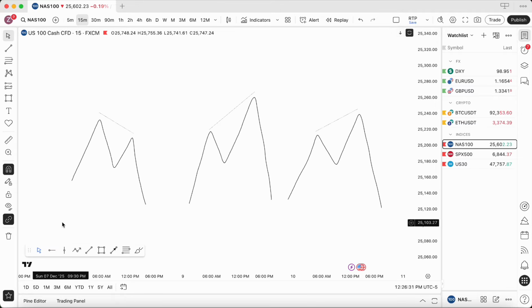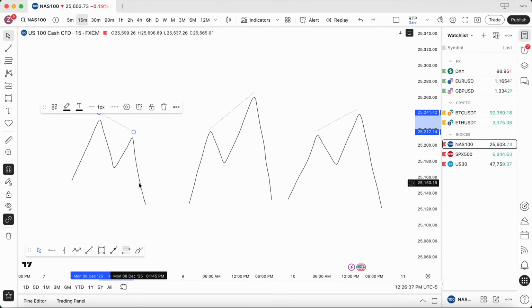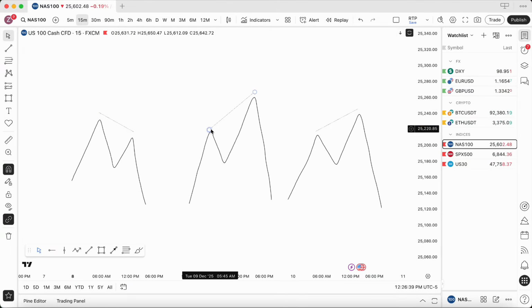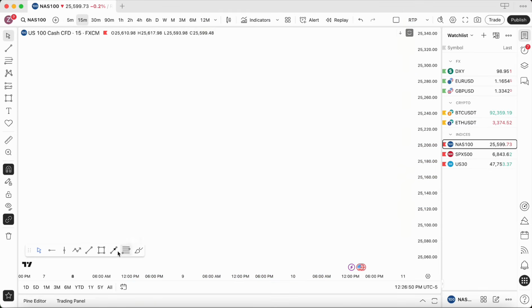But what sequential SMT is, again, smart money technique, tool, or time, whatever you call it, let's say just SMT, but it is SMT between each quarter. Which means what?